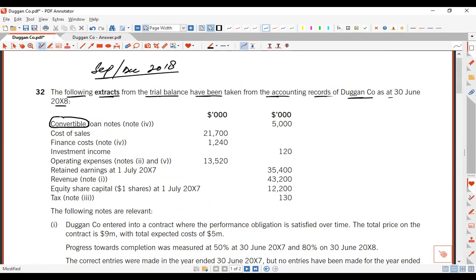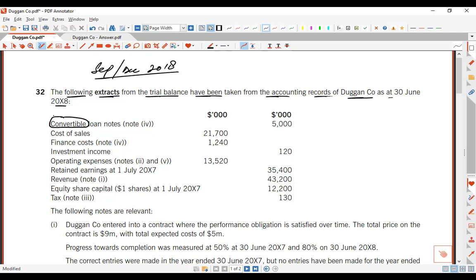Convertible loan note. Why am I highlighting this one thing? Whenever convertible loan notes are issued, as per the guidance of IFRS 9, initially they are broken into two components, equity and liability, because a convertible loan note is a hybrid instrument which for some time has the characteristics of liability, but at redemption time it can be redeemed for cash or it can be converted into equity shares.